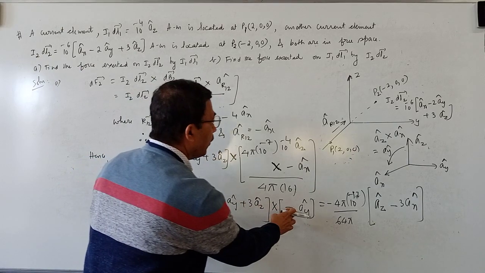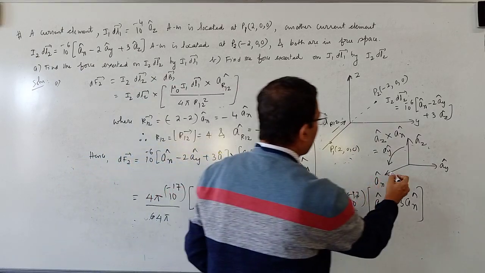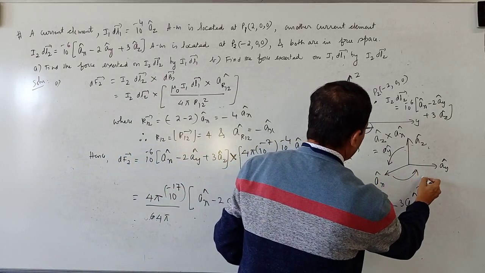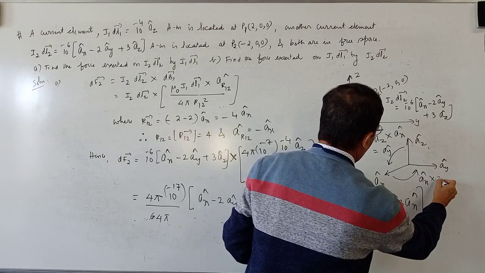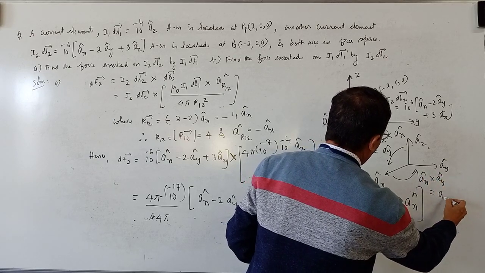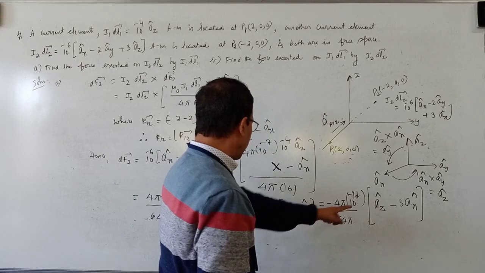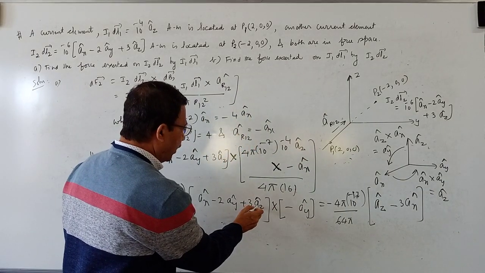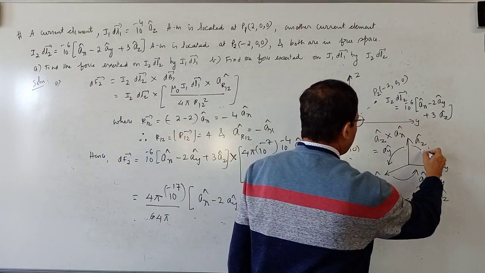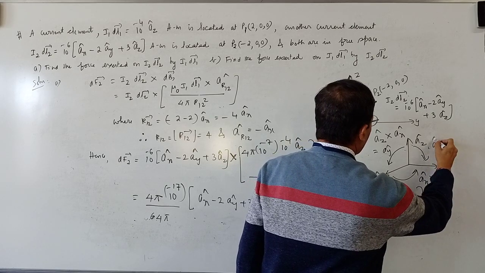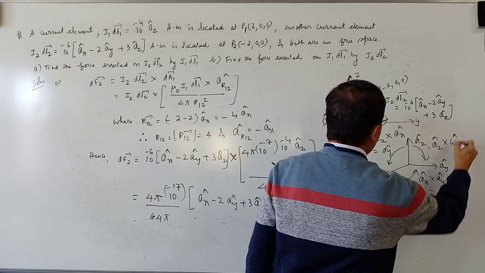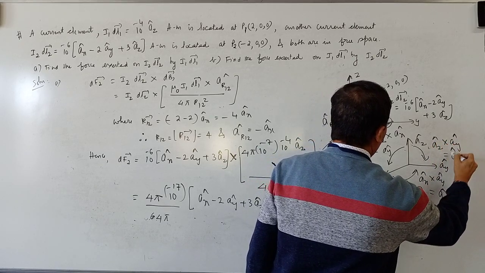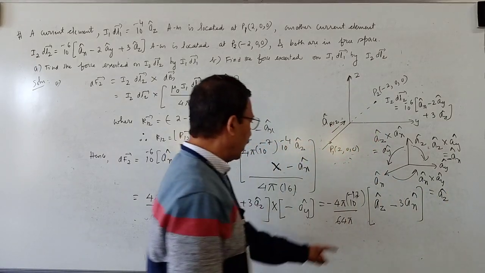AX cap cross AY cap equals what? AZ cap, that's what I have written here. AZ cap cross AY cap is equal to minus AX cap. That's what I have written here.